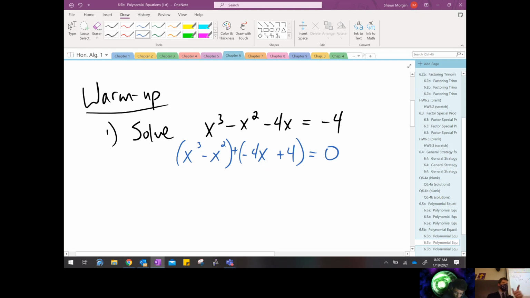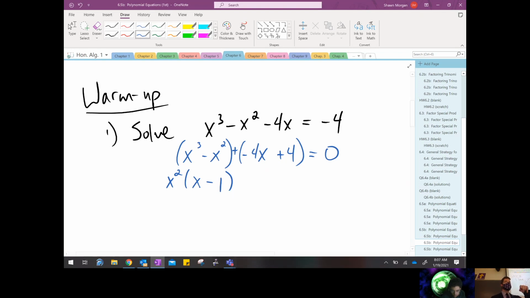Now, Cash, what do the first 2 have in common? More than that. Think of GCF. Good. They both have an x squared in them. Justin, what do they have left over when I take out x squared? Good. So x minus 1.